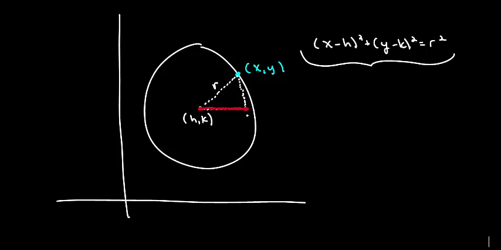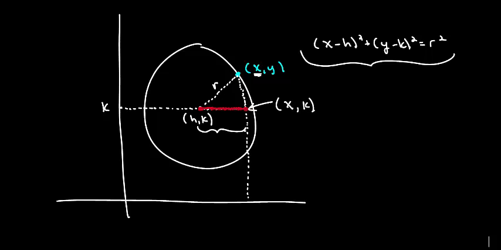Well, we know that this point, its ordered pair, has a height value of k, right? Because if I go back over this way, it has a height value of k, but its x value is really just x, because whatever x this is, this point has the same value. So this is (x, k).